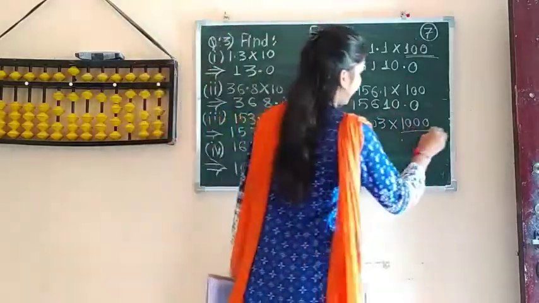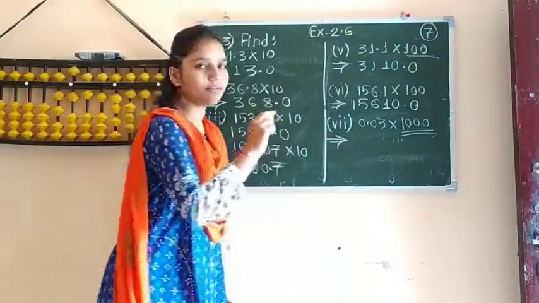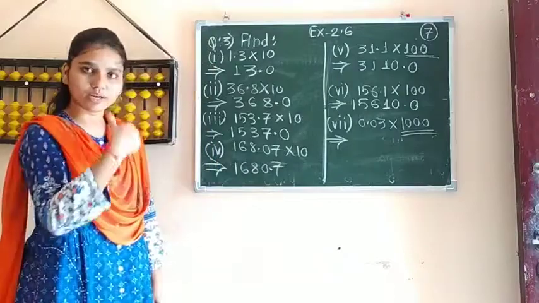Now it is multiplying by 1000. So similarly, जैसे कि 10 के लिए we were shifting by 1, for 100 we were shifting by 2 towards right.